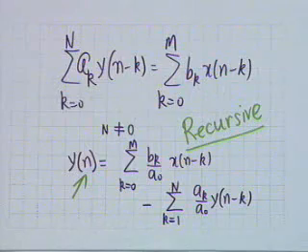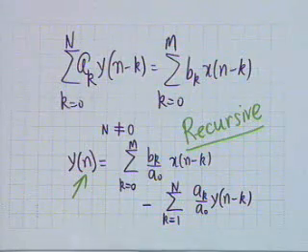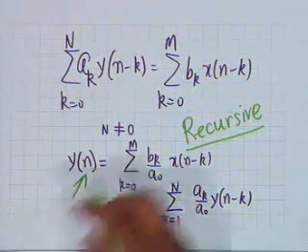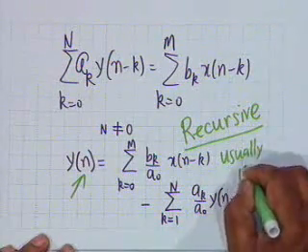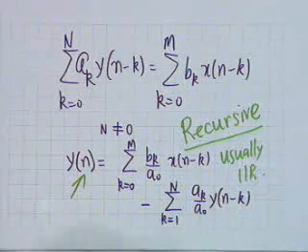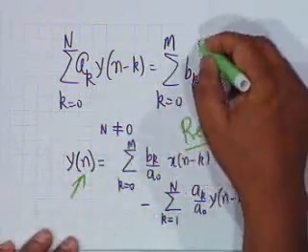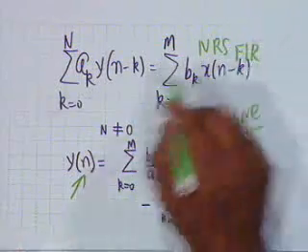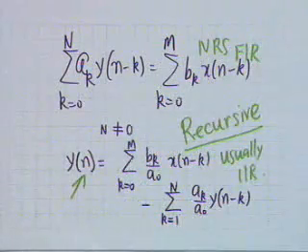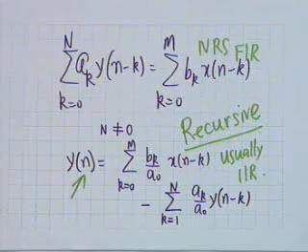Recursive systems are usually IIR, usually infinite impulse response, but it is not necessary. Non-recursive systems are usually FIR, usually. So we must distinguish between these. The literature sometimes confuses the two.